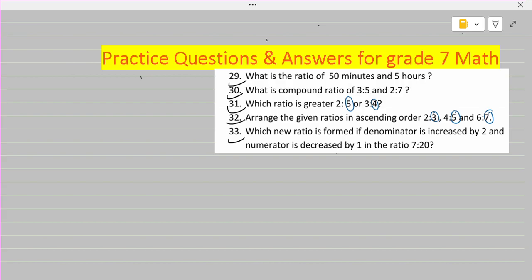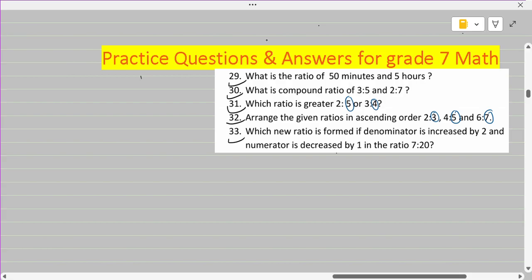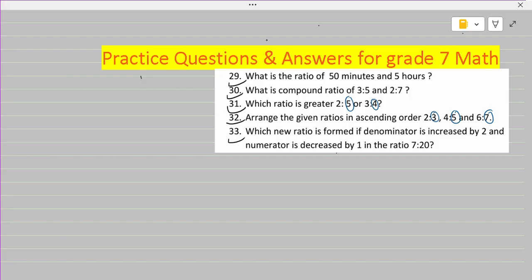So some changes are made in the original ratio. We have the original ratio 7 is to 20, so let's write that first. Original ratio is equal to 7 is to 20, and now the denominator is increased by 2 and the numerator is decreased by 1.